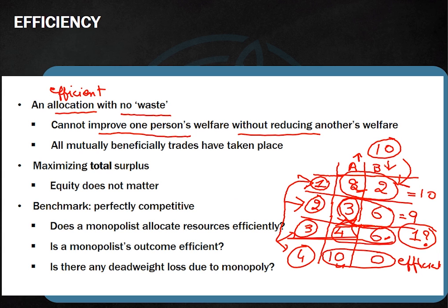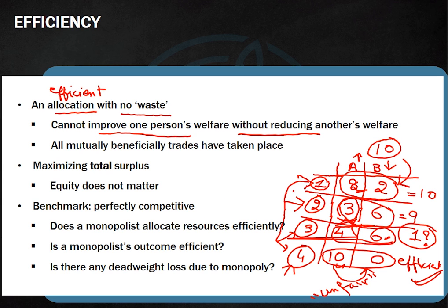If we want to make B better off, the only way to reallocate is by taking away money from A and giving it to B, in which case we would be reducing A's welfare. So it fulfills our definition or criteria of efficiency. Hence this allocation, even though it looks unfair or not very equitable, is still called an efficient allocation.